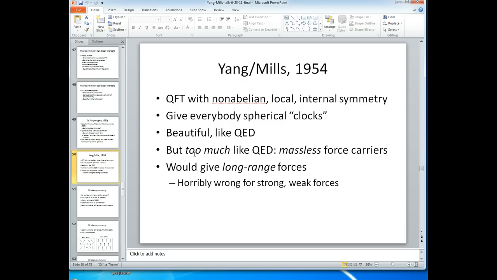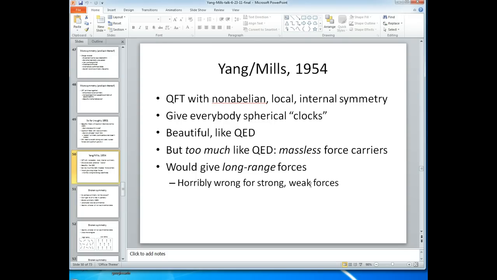Well, it seems like that would give long-range forces. It turns out that the range of a force has to do with the mass of the carrier for that force. In particular, a massless force carrier gives a force that decays pretty slowly as you separate two particles farther and farther apart from each other.